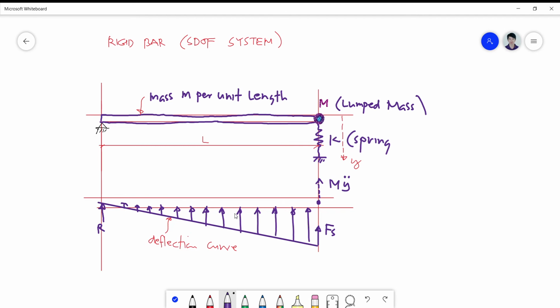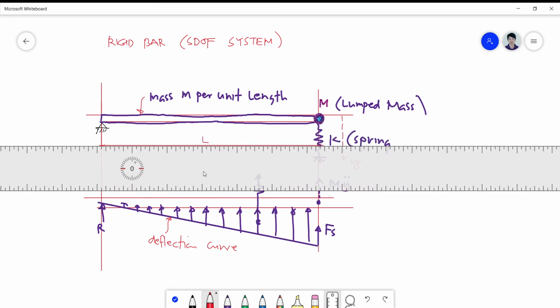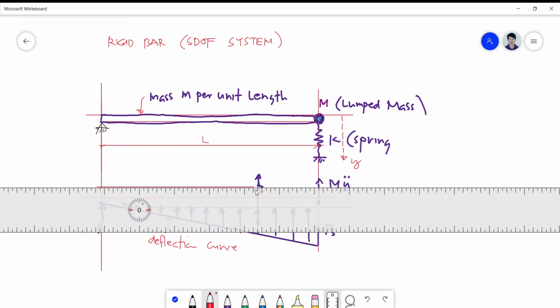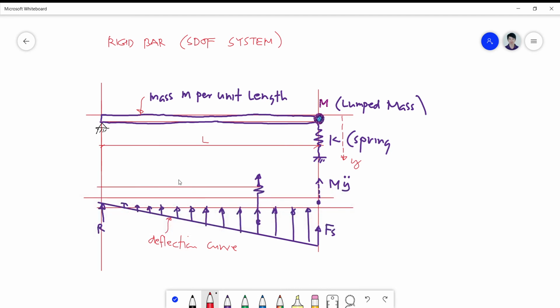This is equivalent to a resultant force located at 2/3 the length of the bar, and this is simply the area of the triangle, in which the maximum inertia force here is simply equivalent to the mass multiplied by the acceleration.